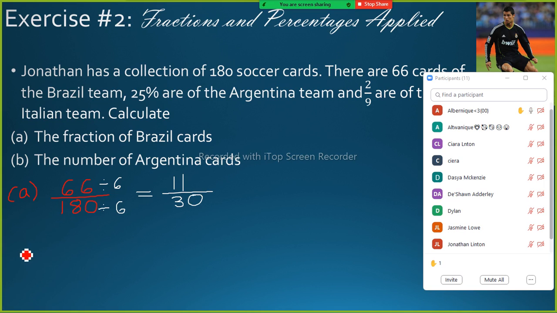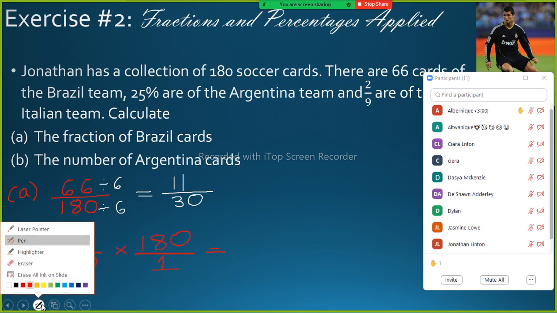Okay, great. Now we have B. Sierra, can you walk me through the answer for B? 25 over 100 times 180 over 1. Very good. Dylan, what do we cancel out?